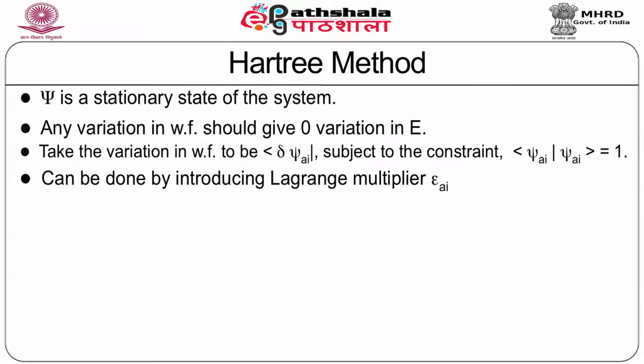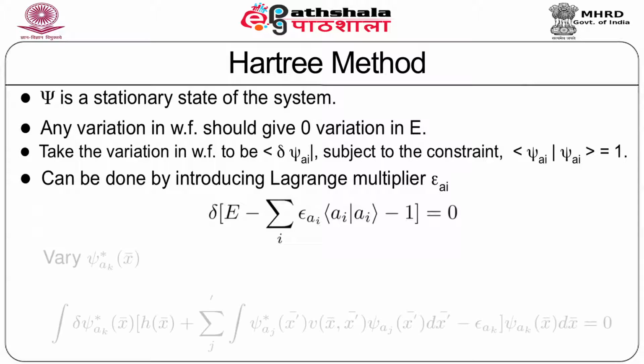The procedure to handle such a situation is the introduction of the Lagrange multiplier, let us call it epsilon a_i, and consider the variation as is shown here.